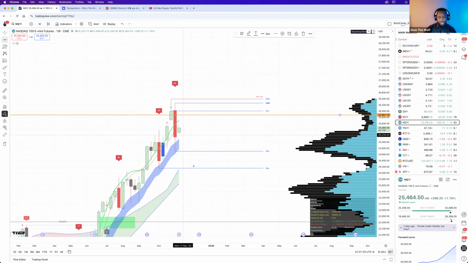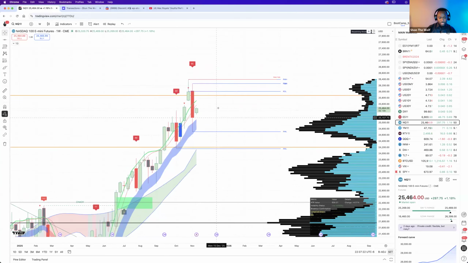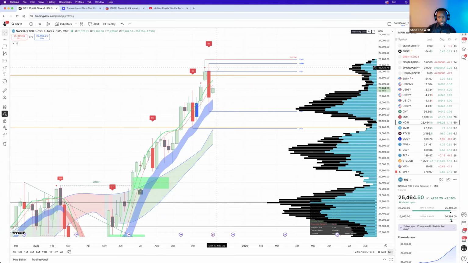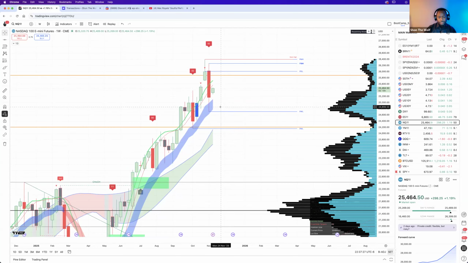It just seems like we're going to push up, grab liquidity, but it's going to take some real fundamental type of data, some real good economic data, some real data that makes sense for inflation and the economy, to push us back to all-time highs in a sustainable way.